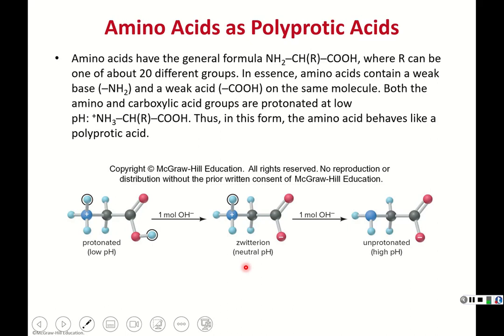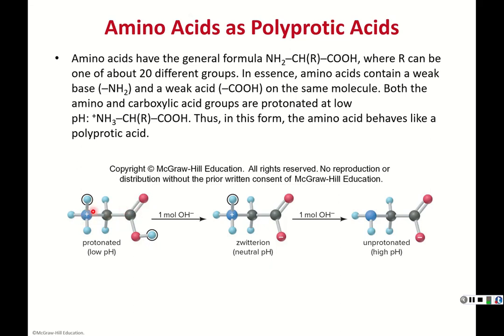Amino acids can actually act as polyprotic acids. You'll see a lot more about amino acids in biochemistry if you go on to biochemistry. But sometimes you'll have a side chain that has a proton that can be ionizable, and then you have a carboxylic acid group that's in all amino acids.